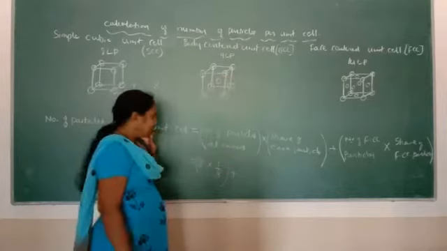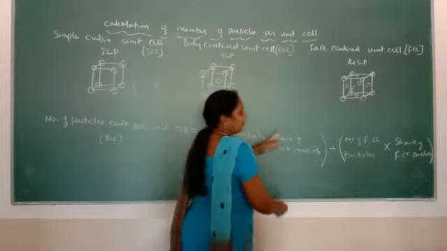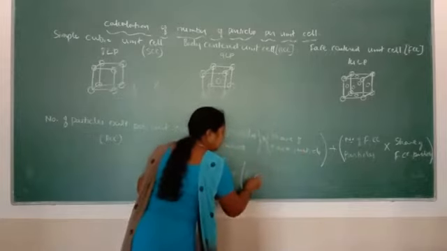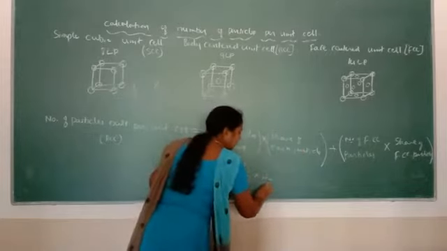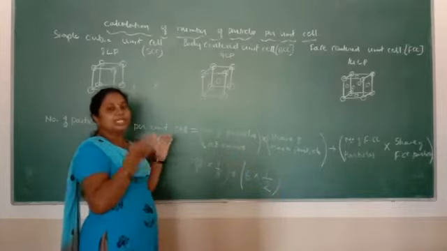Next we will calculate the number of particles existing per unit cell in case of the face-centered: 1 by 8 into 8, plus the number of face-centered particles, totally 6, into the share. Since each is linked by 2 unit cells, the share of each face-centered particle is 1 by 2.